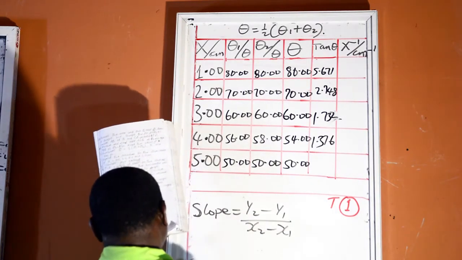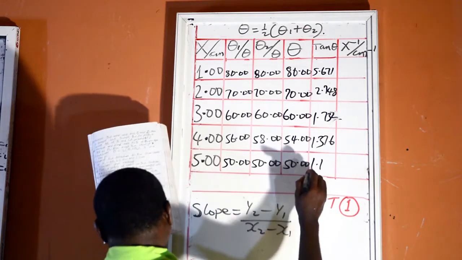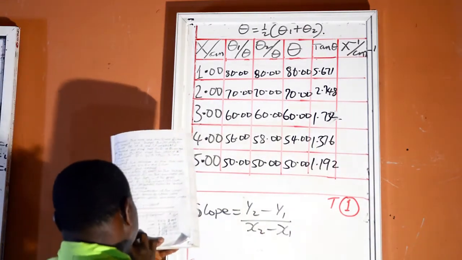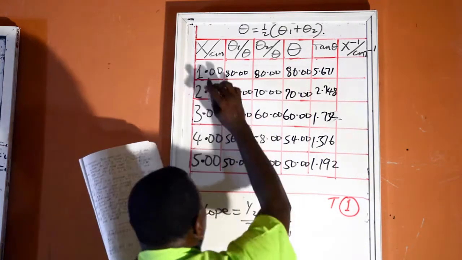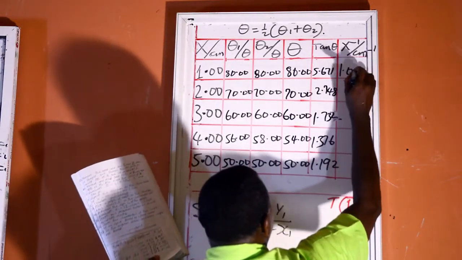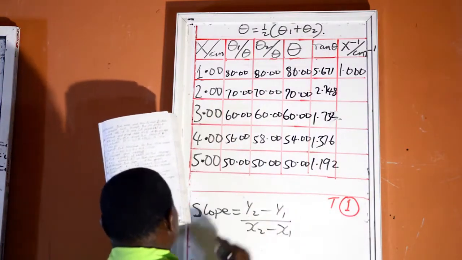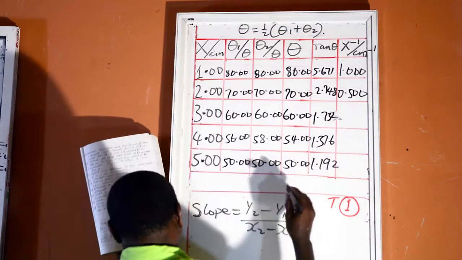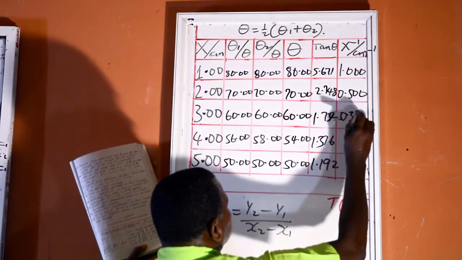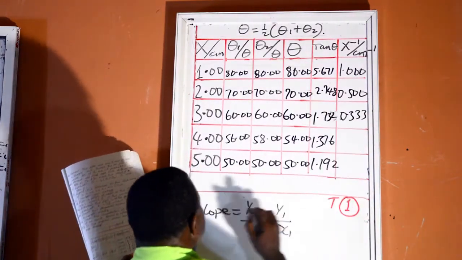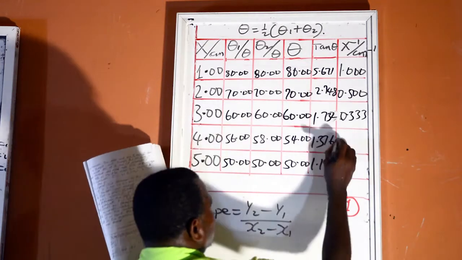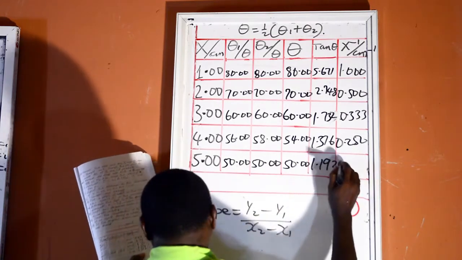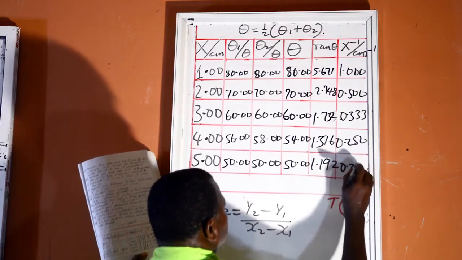The value of tan 50 is 1.192. The inverse of x: inverse of 1 is 1.000. Inverse of 2 is 0.500. Inverse of 3 is 0.333. Inverse of 4 is 0.250. Inverse of 5 is 0.200.